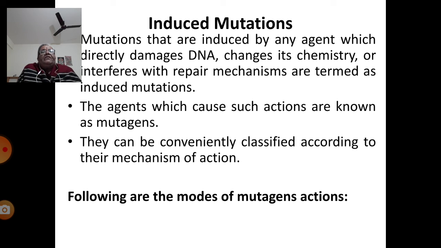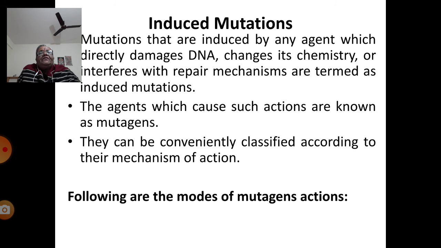The agents which cause such actions are known as mutagens, and they can be conveniently classified according to their mechanism of action. In my next lecture class, I am going to deal in detail about these mutagens. Right now, whatever is necessary to understand the concept of mutations, let me explain.